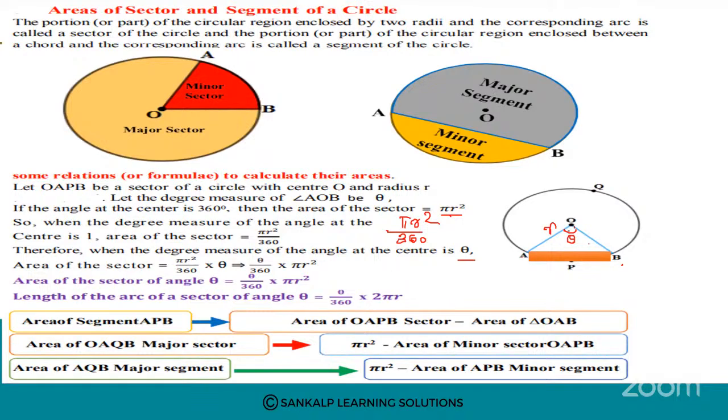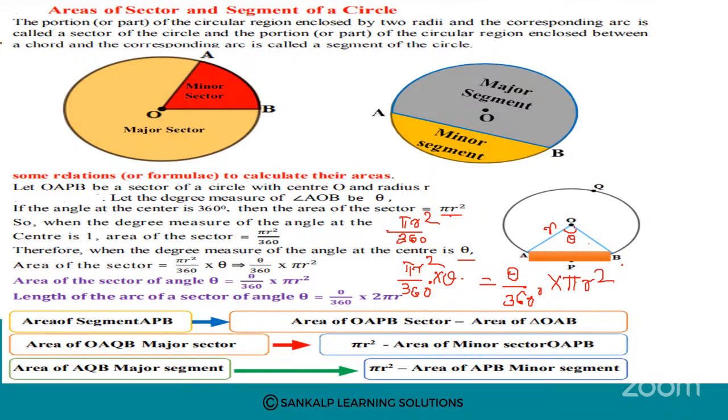When theta is given, other than 1, you can use the formula pi r square divided by 360 degrees into theta. Rewriting this, you get theta divided by 360 degrees into pi r square.